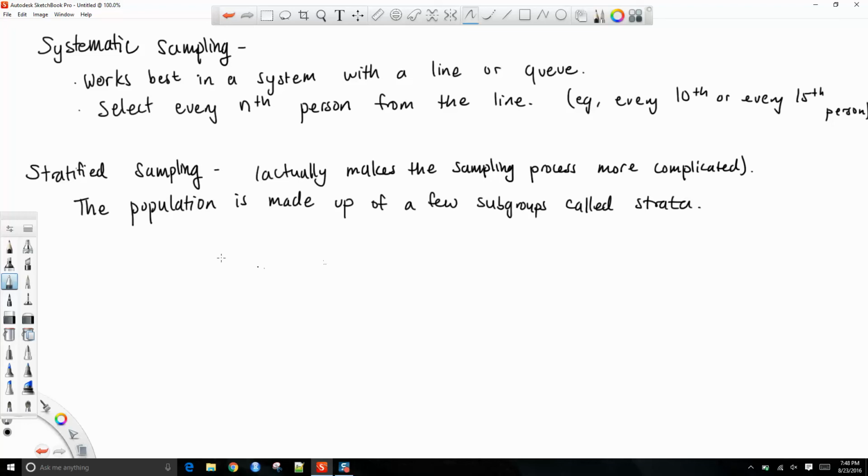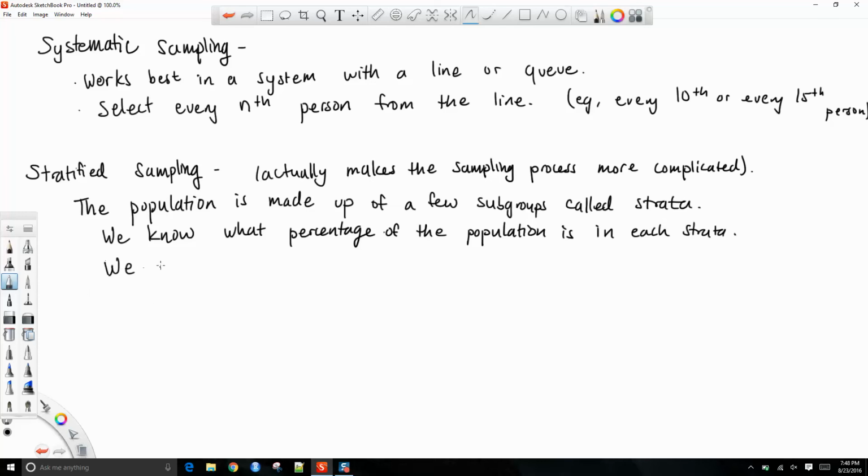And we know what percentage of the population is in each group or each strata. And we select our sample so that the sample has the same proportions of strata.